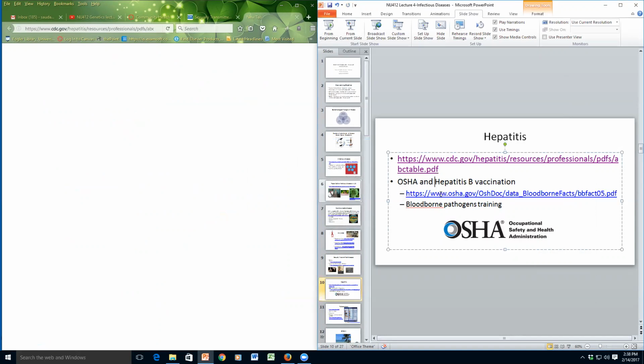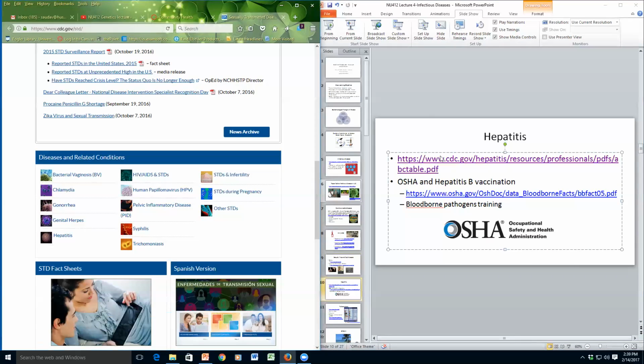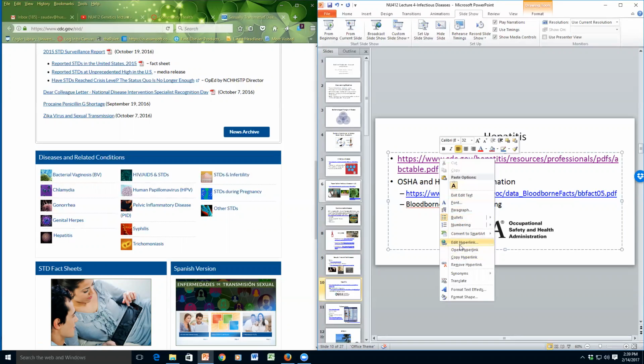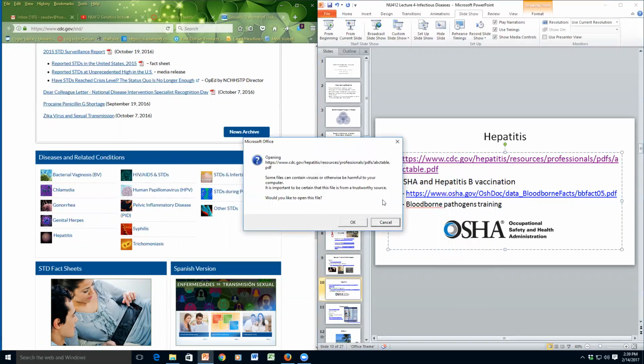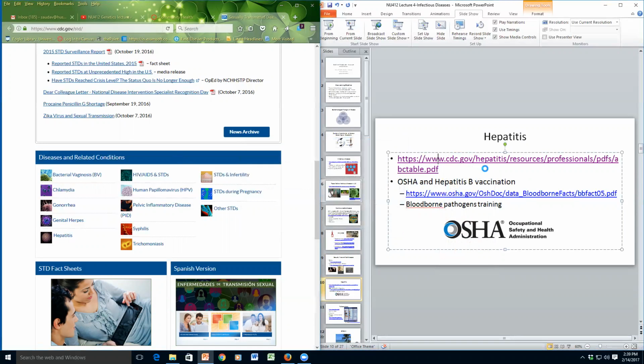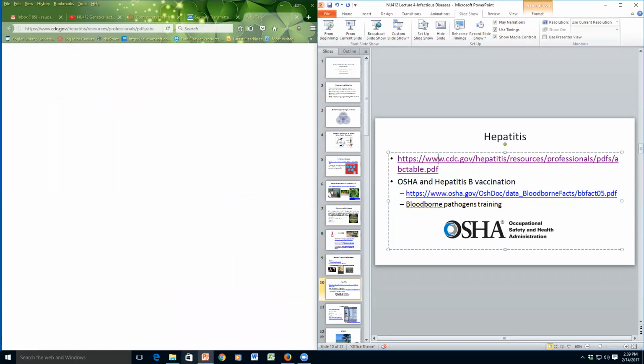Our second area that we need to be thinking about really is the OSHA rules and regulations regarding bloodborne pathogens.